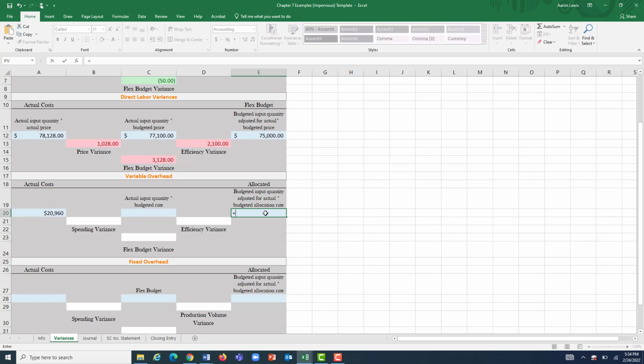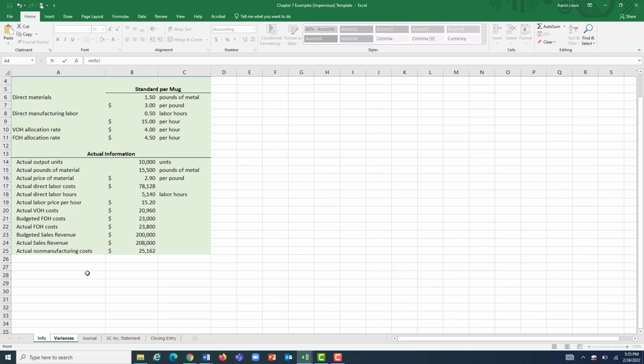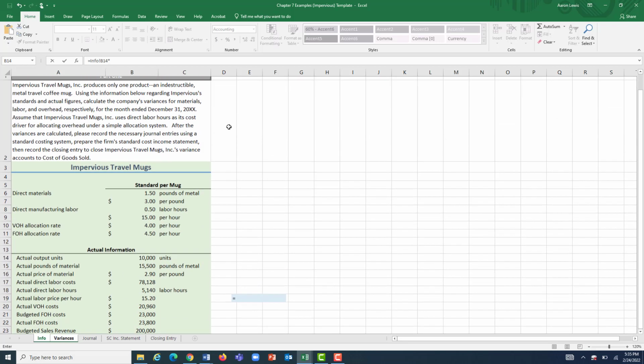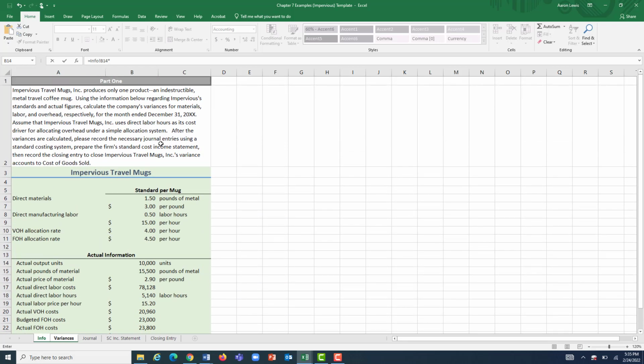So I'm going to hit equals. I'm going to go to my info, and I'm going to multiply our actual production level of 10,000 times the standard quantity of the driver that should have gone into each unit. Again, our driver given in the information is direct labor hours, so the standard quantity of the driver that should have gone into each unit is half an hour, and our predetermined overhead allocation rate for variable overhead at the beginning of the period was determined to be $4 per hour.